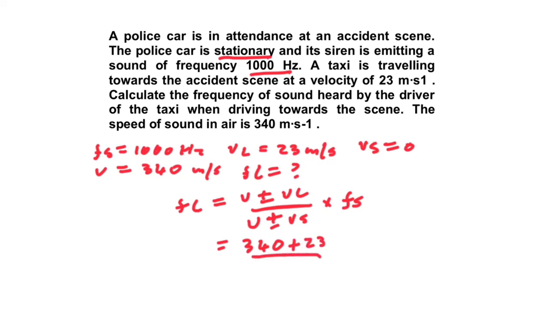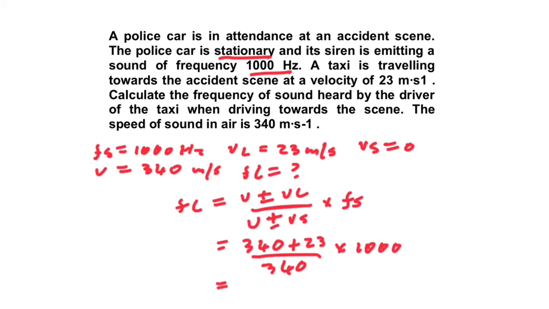Right, we only have 4 cases, so you should know when we have a plus, when we have a minus, and so on. On the denominator, 340. Our sound source is stationary, so it will just be 340. Plus or minus 0 doesn't matter. Multiplied by Fs, the frequency emitted by the sound source, that is 1000 Hertz.